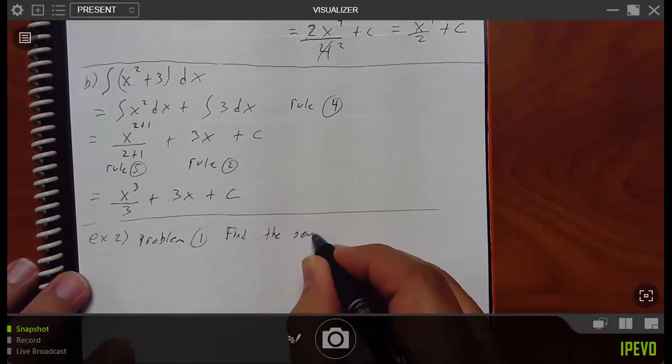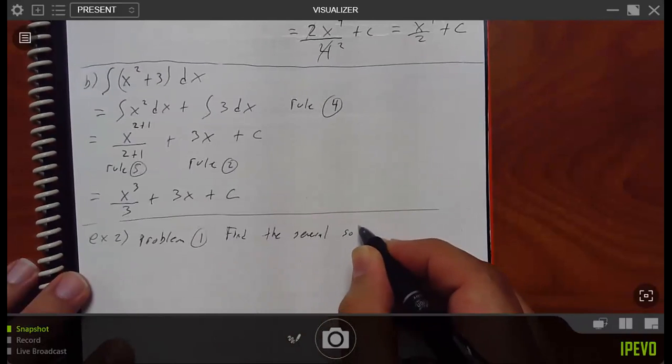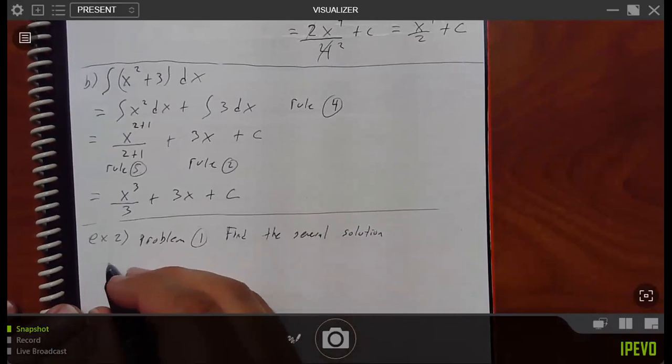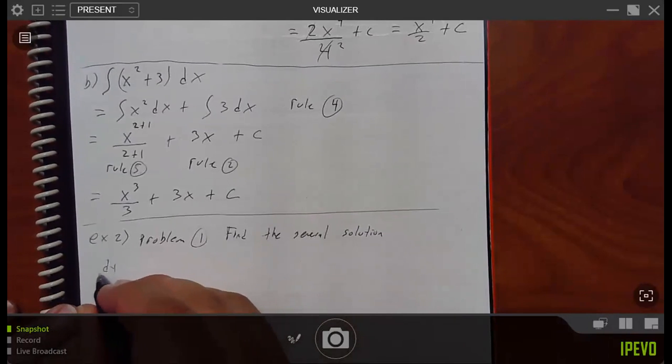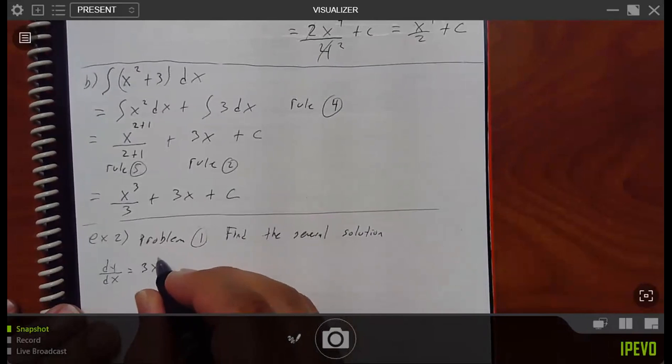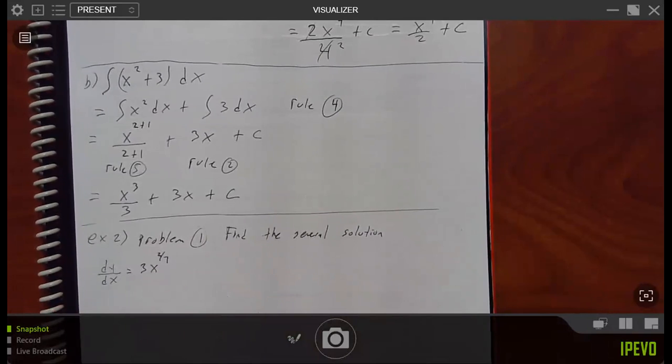Find general solution. That's number one.